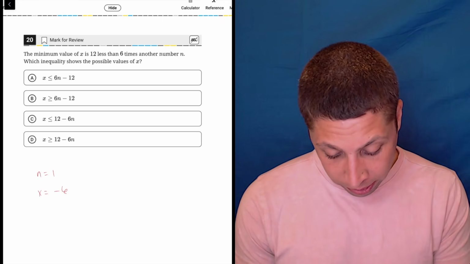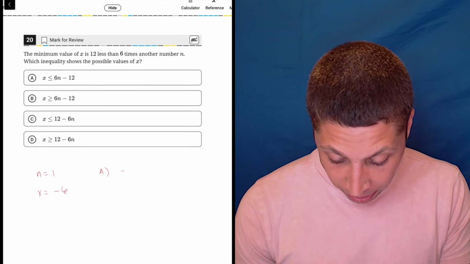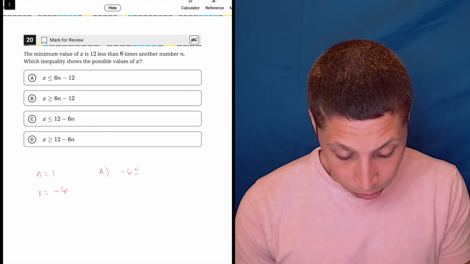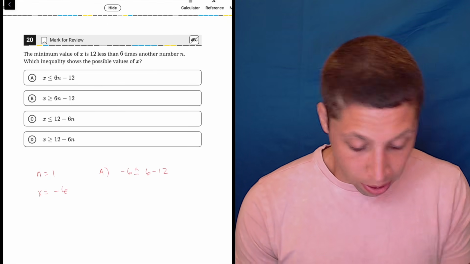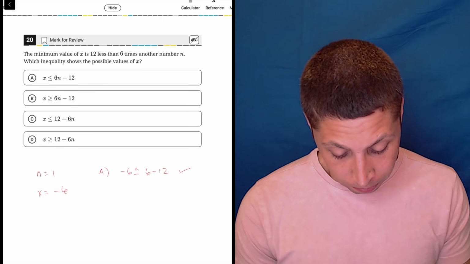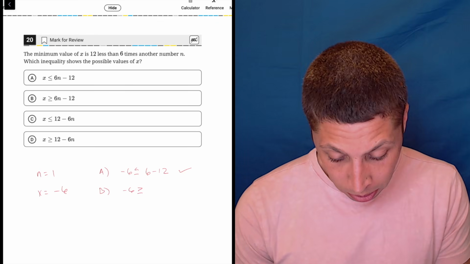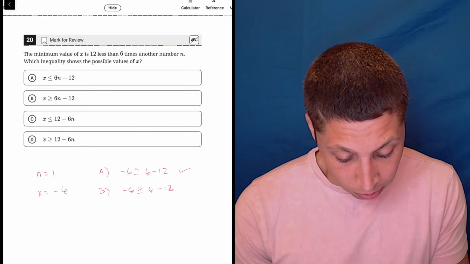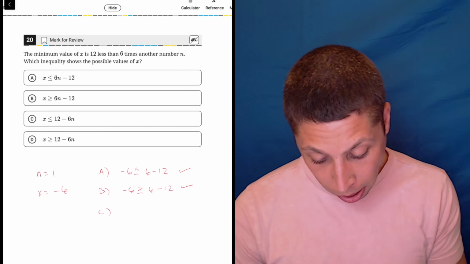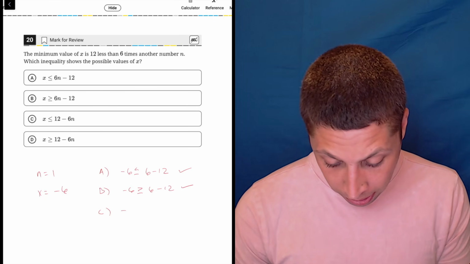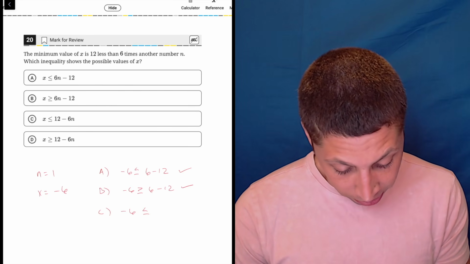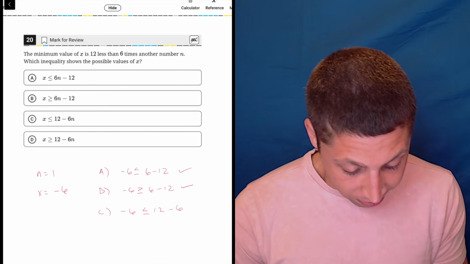Okay, so let's just see if that works in any of these equations. Negative 6 is less than or equal to 6 times 1 minus 12. Well, that's true. Negative 6 is greater than or equal to 6 minus 12, so that's true. The equal to is going to cause a problem. Negative 6 is less than or equal to 12 minus 6.